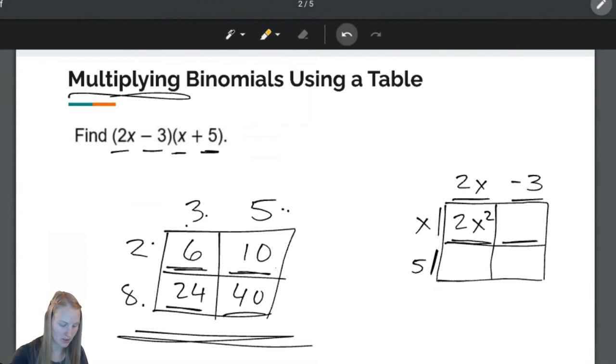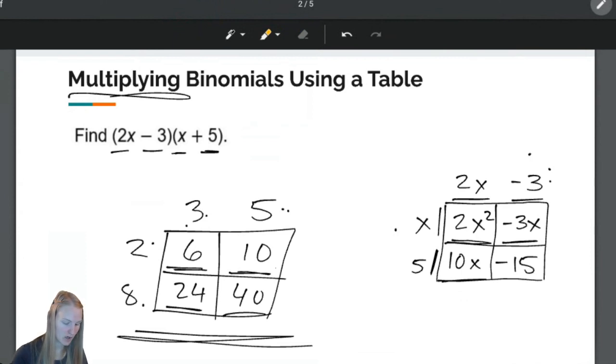In this box, I'm going to do x times negative 3 because x is in this row and negative 3 is in this column. So x times negative 3 is negative 3x. In this box, we're going to do 2x times 5, so 2x times 5 is 10x. And our last box will be negative 3 times 5, which is negative 15.